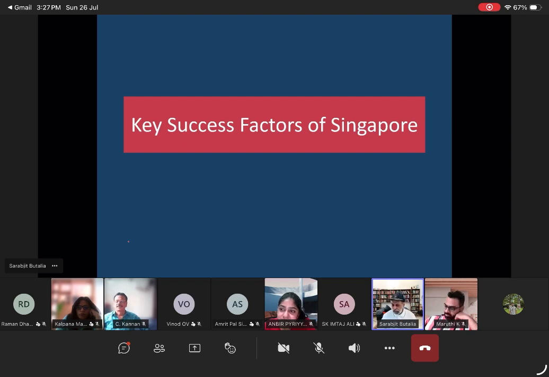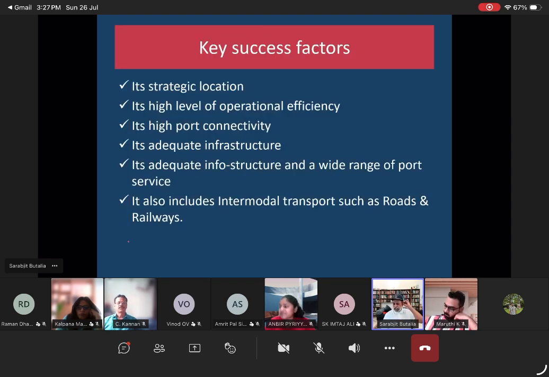So these are a few things: a strategic location, a high level of operational efficiency, and high port connectivity, with adequate infrastructure. And the present port, if you go to Singapore, is all dysfunctional now. They have got a new port in the northern part of Singapore, and it is, I think, 90% autonomous. That means there are no truck drivers at all.